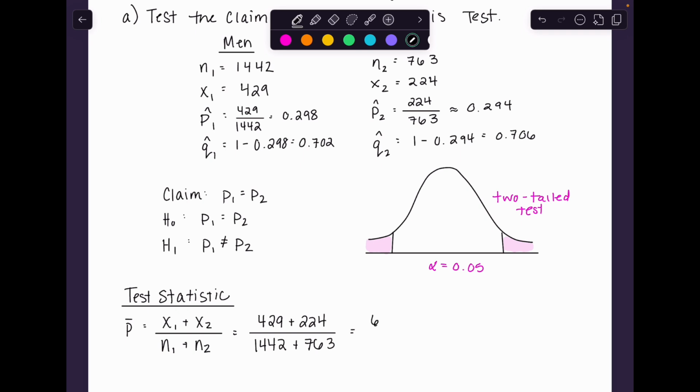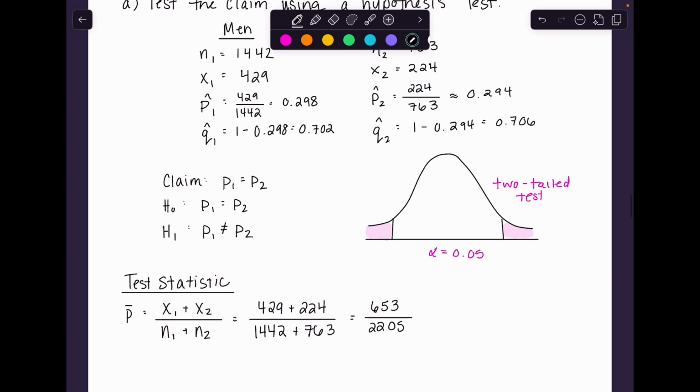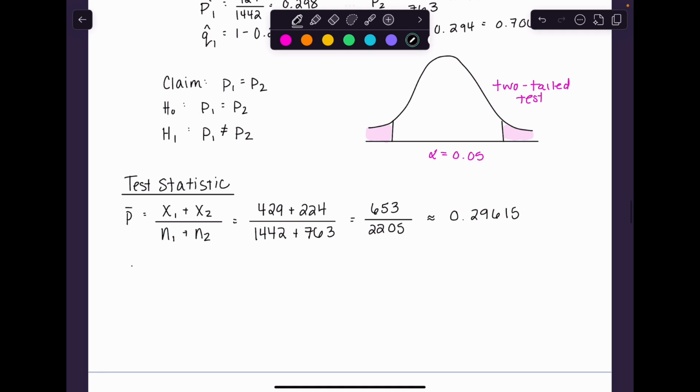So if we add those together, it gives us 653 out of 2,205 calls being overturned. So summing them together, I'm going to go out more decimal places here. This is about 0.29615. So the complement of that is 1 minus this amount, which gives us a total of 0.70385. Okay.